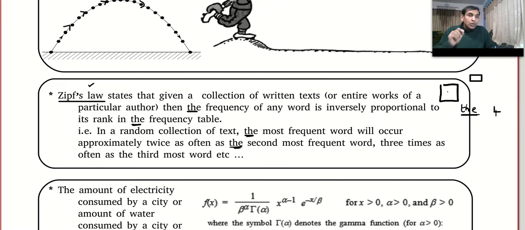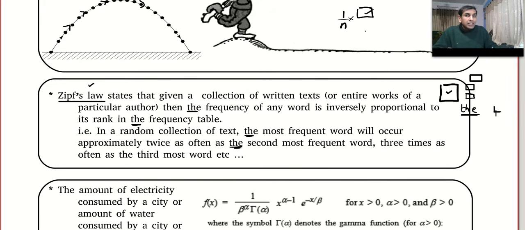Like that, you collect all the words that come in that book and arrange them according to the number of times each repeats. Let it be any book in any language, you'll be amazed to see that there is a pattern. And the pattern is 1 divided by n multiplied by the most repeated word.